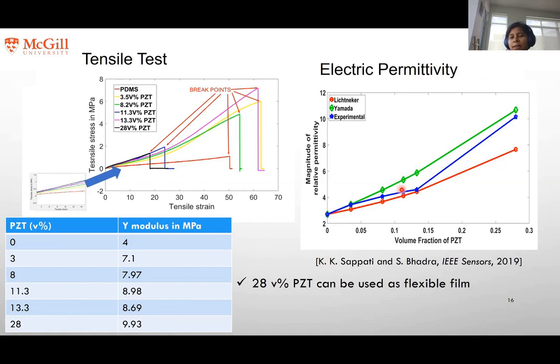We put the Yamada model and the Lichtenecker model for composites, and you can see that at lower concentration, it follows the model pretty closely, and at higher concentration, it starts deviating from the model.